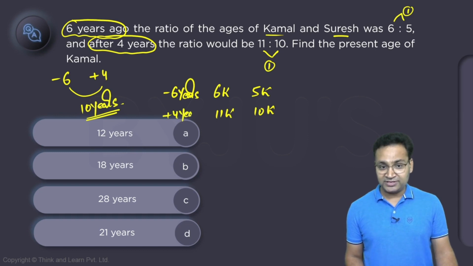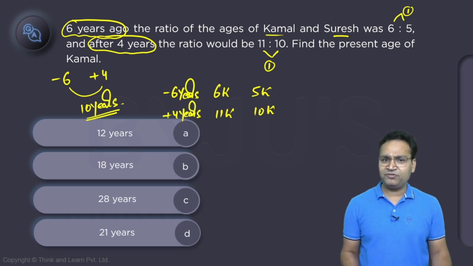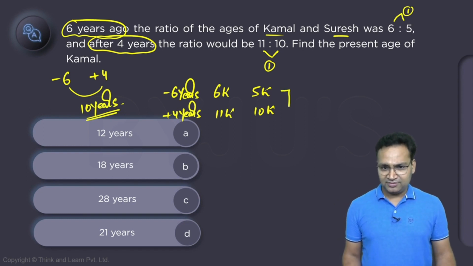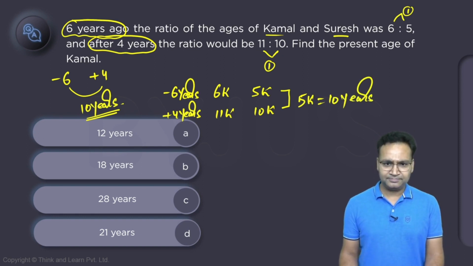Why am I using the same variable? Because I have already verified the age difference is the same. The gap 5k, 10k, 5k is 10 years. Right? So what is the value of k? 2.